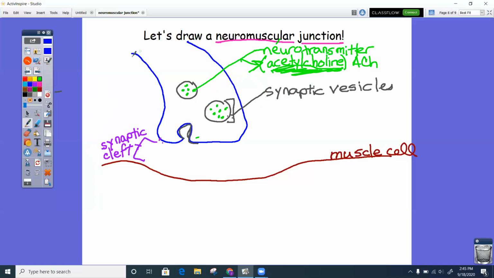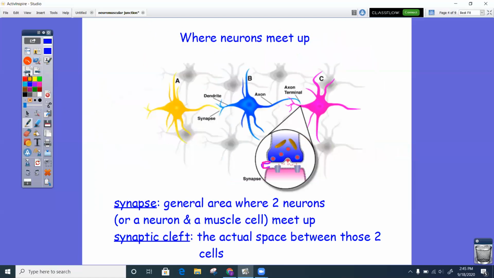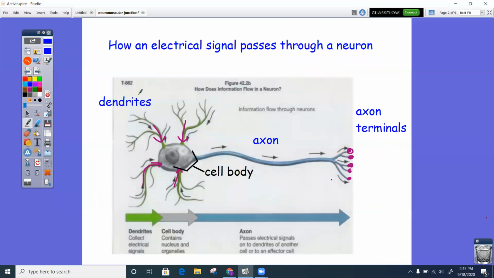Okay, so let's talk about what happens at this neuromuscular junction. Let's go back a few slides. So remember that I told you that an impulse is going to come down the dendrites, it's going to go through the cell body, and it's going to go down that axon, whether or not there's a myelin sheath there, and then it's going to arrive at the axon terminal.